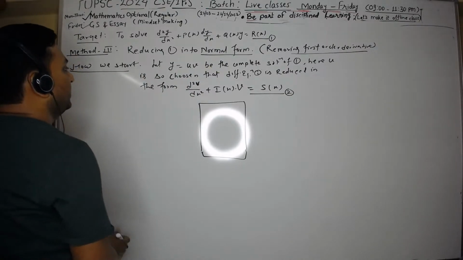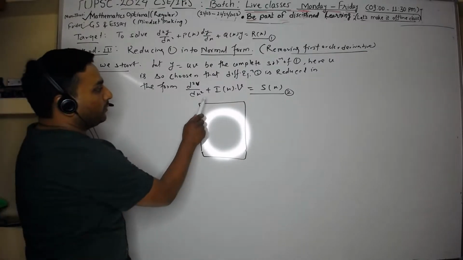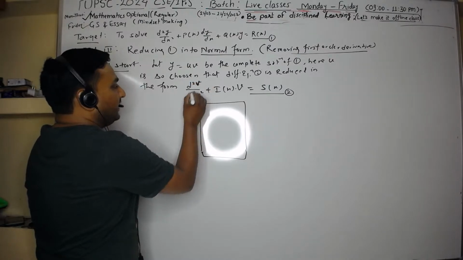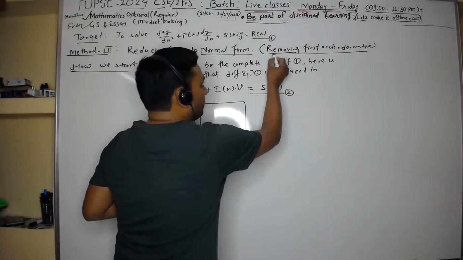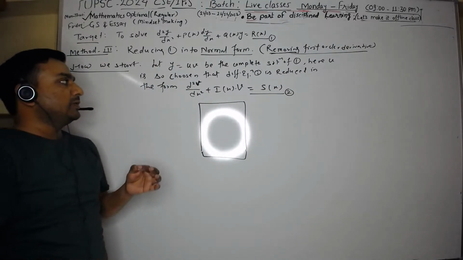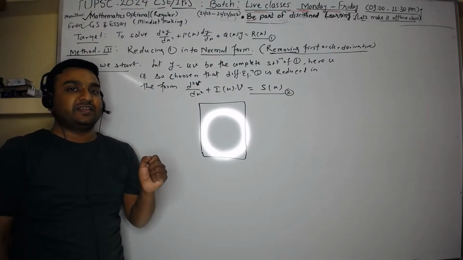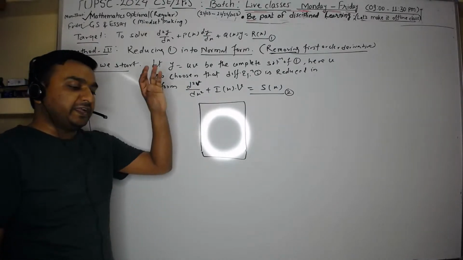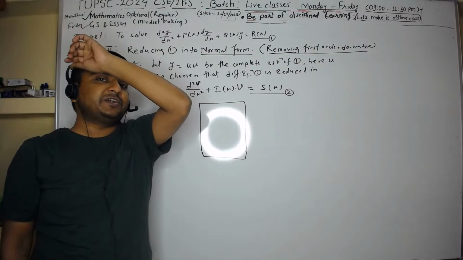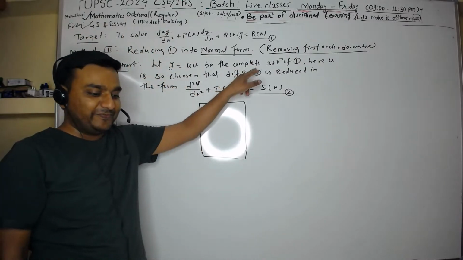Okay, Harish? If you can observe here, there is no dv over dx, right? Means you have removed the first order derivative. So persons who were present in the previous lecture, there also you have taken u. Priyanka, what is the difference between that u and today's u?